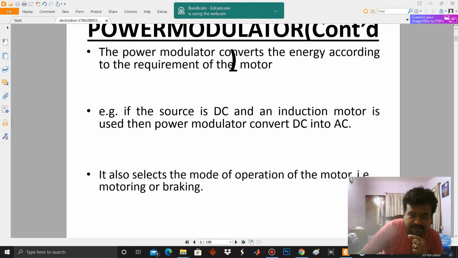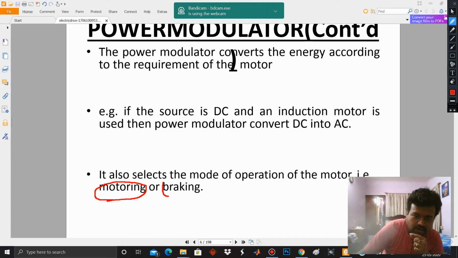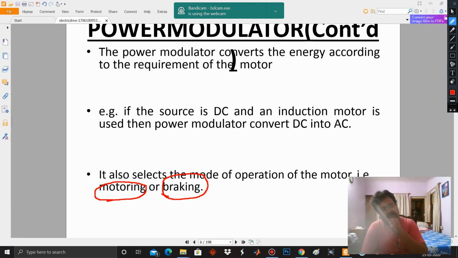It also selects the mode of operation of the motor, that is motoring or braking. So these are very important terms. One is motoring, another is braking. This motoring operation you already know.